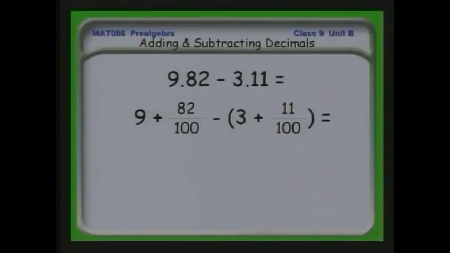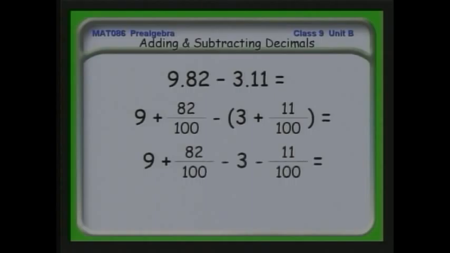So we see that the decimal 9.82 can be written equivalently as 9 plus 82 100ths. And we subtract from that the quantity. We have to be careful here. It's the quantity 3 plus 11 100ths.